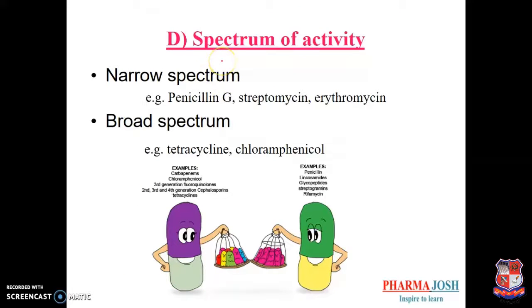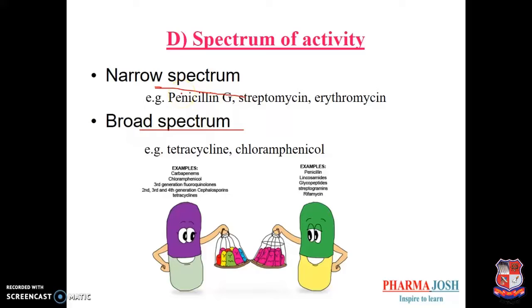Next variety of classification is the spectrum of activity. Suppose the infection is caused by a particular agent; during that time we have to select a narrow spectrum or broad spectrum type of antibiotic.